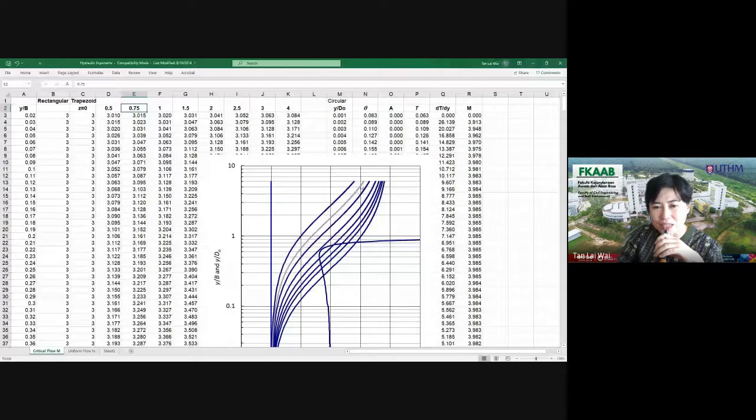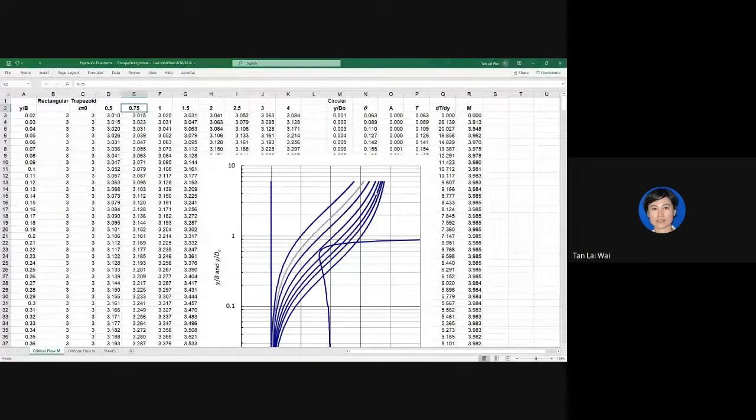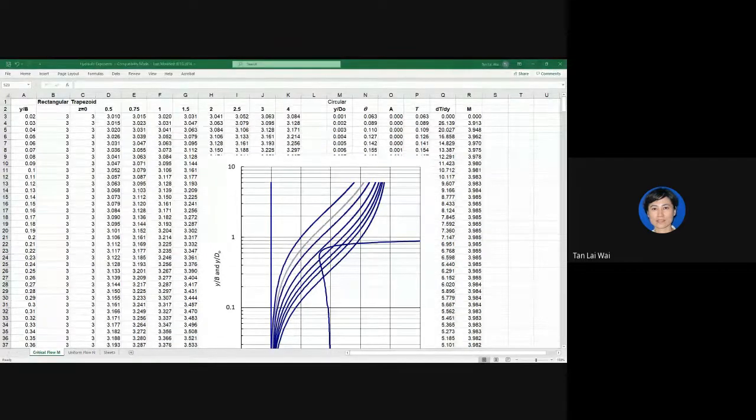So you have another curve for Z equal to 0.75. Similarly for others, for example if there is a question that says Z equal to 1.75, then you have to interpolate a curve between 1.5 and 2. This is an example. Alright, so I'm going to unshare this.